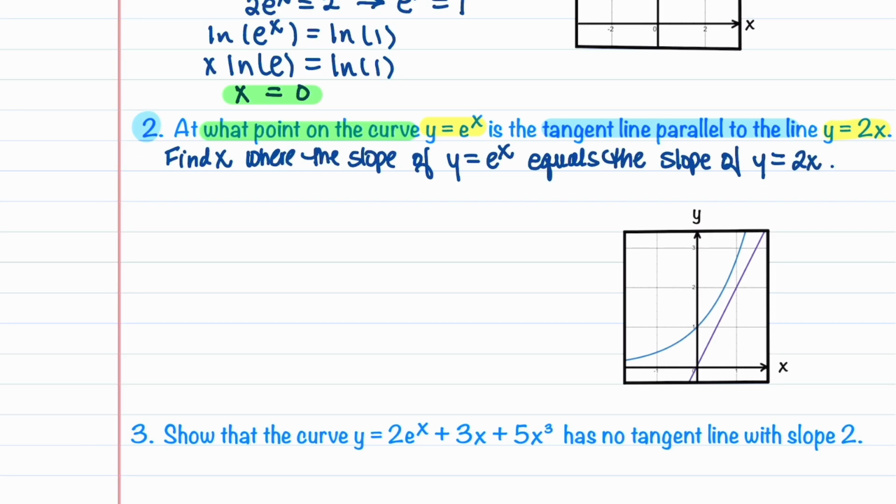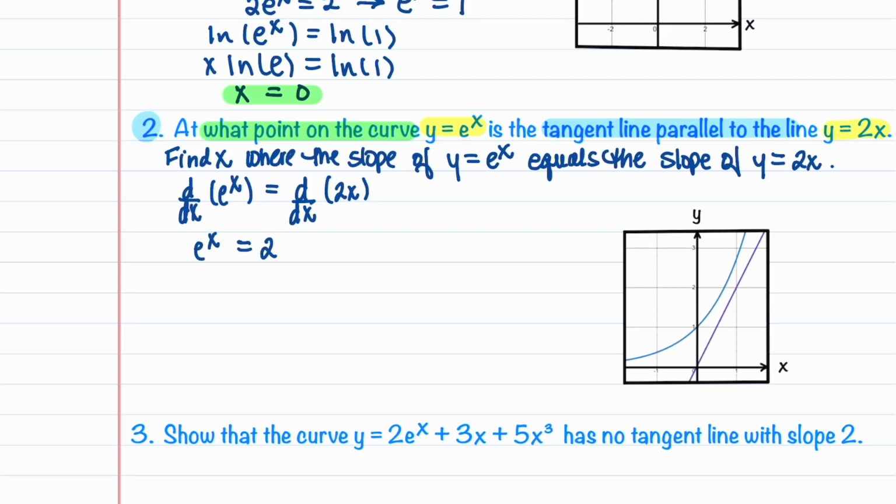Remember that the slope is the derivative of the function. So we can say that the derivative with respect to x of e to the x has to equal the derivative with respect to x of 2x. The derivative of e to the x is just e to the x, and then the derivative of 2x is 2, so we have e to the x is equal to 2.